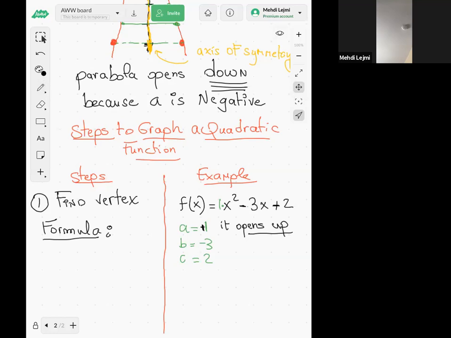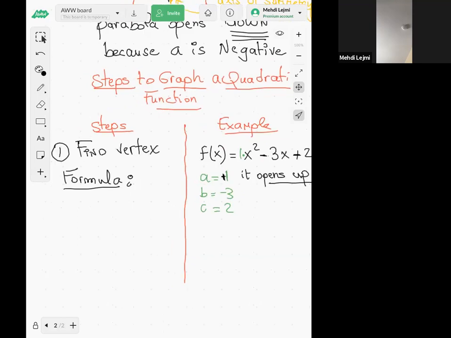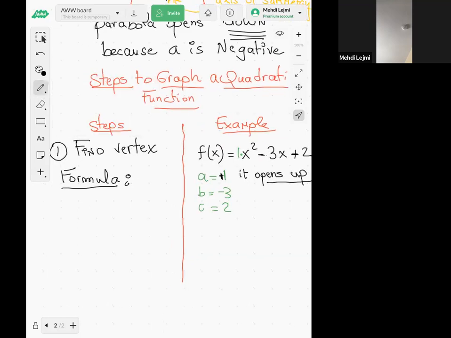The coordinates of the vertex are: the x coordinate is minus b over 2a, and the y coordinate is f of minus b over 2a. All right.